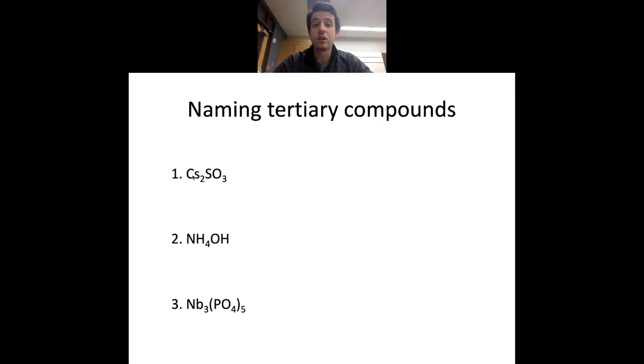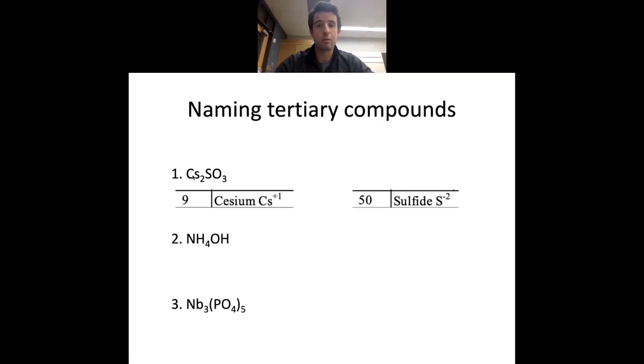So in every single problem here, the first thing you're going to have to do is look at the ion list on the back of the periodic table. On Schoology today, I've shared a copy of the periodic table just in case you don't know where yours is, so you can take a look at the ion list. For the purposes of these questions, I've just copy-pasted what it says on the ion list and where they're located. So for example, cesium just says 1+, and it's number 9.